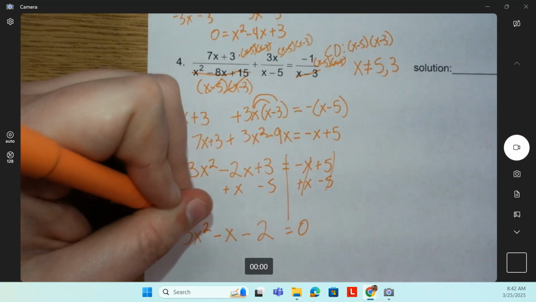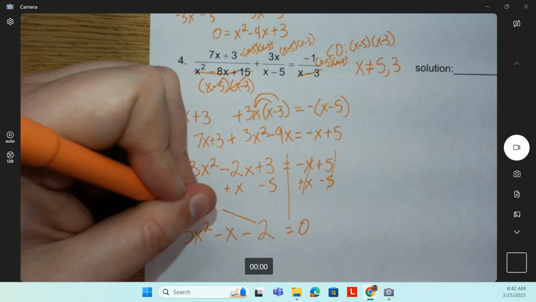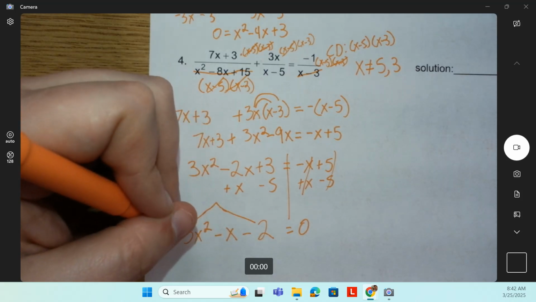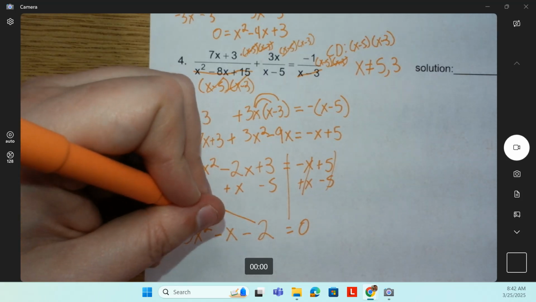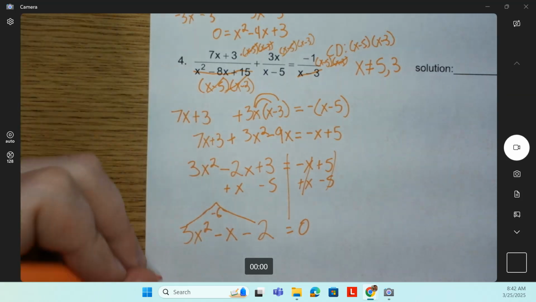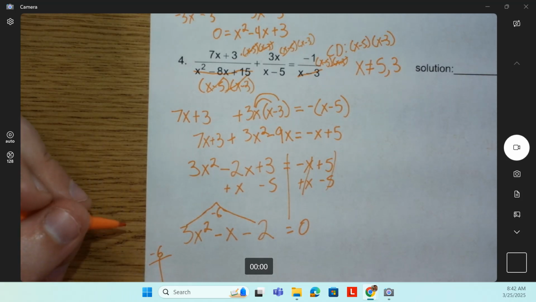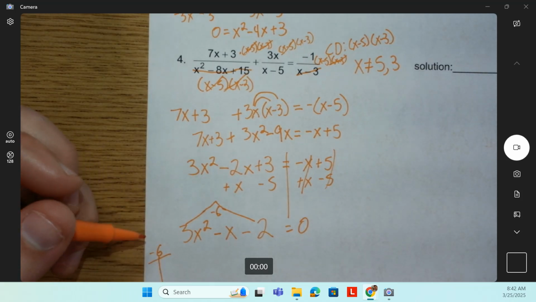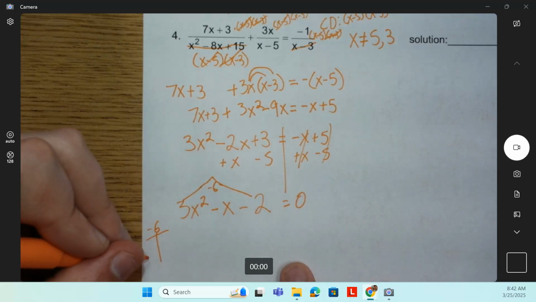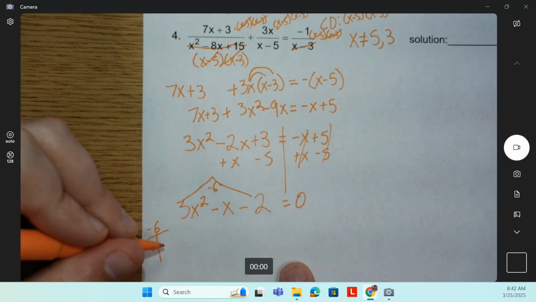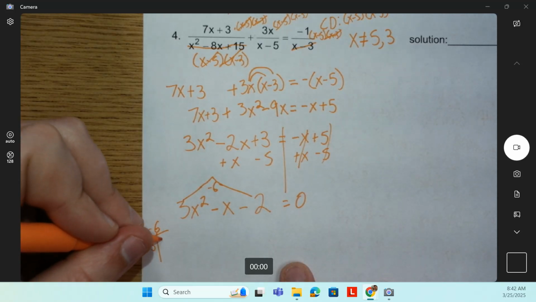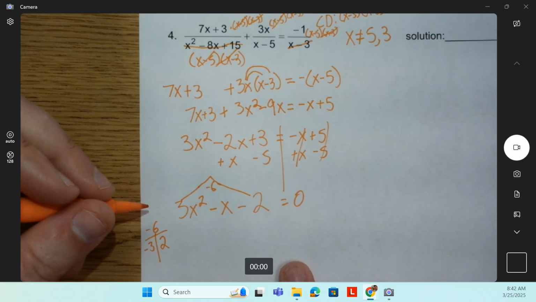So just remember on these that when I'm solving them, I'll do the house top. So 3 times negative 2 gives me a negative 6. And so looking for something that multiplies to negative 6 and adds to negative 1, which should just be a negative 3 and a positive 2.